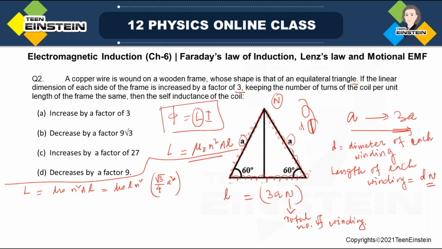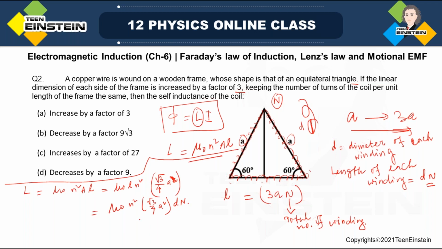So L is again mu 0 n square, then this factor root 3 by 4 a square into d into N.